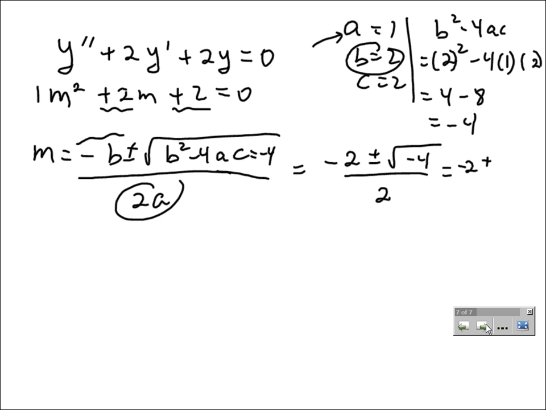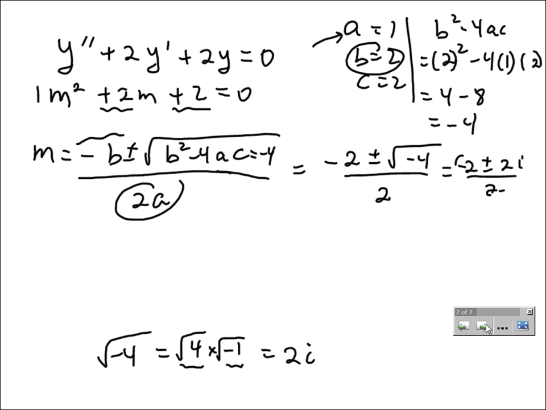You get negative 2 plus or minus the square root of negative 4, which is 4 times negative 1. Now, if the two numbers are not both negative, that is, none of them are negative or only one is, you can take the square root separately. The square root of 4 I know, the square root of negative 1 I know, it's called i. So we get 2i over 2. Well, negative 2 over 2 is negative 1, plus or minus 2i over 2 is just 1i.